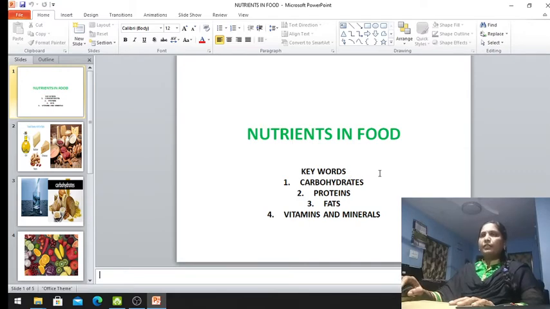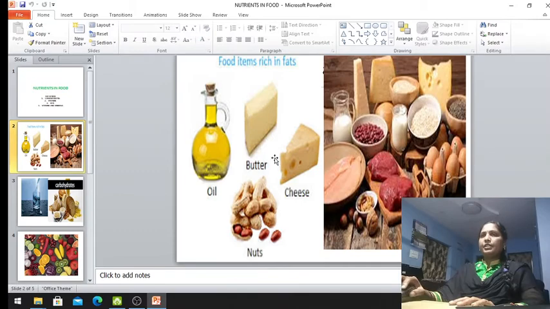So what are the different food items and how can we sort them into different groups, we'll see now. To understand this, you can do one small activity. In a day, right from your breakfast, lunch and dinner, what are the different items you are eating?